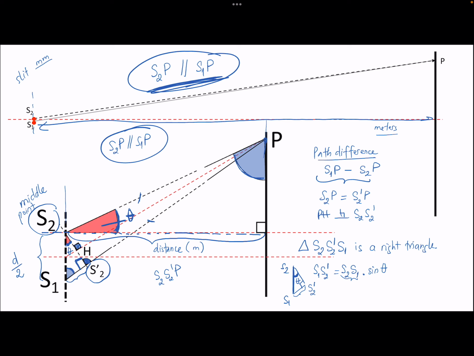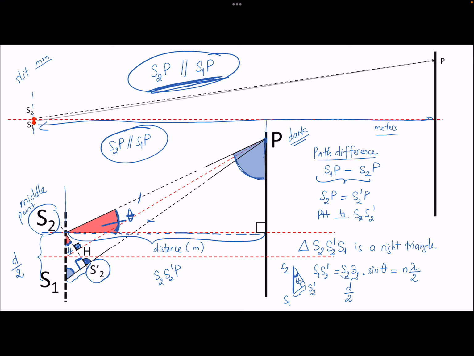Now, the hypotenuse here turned out to be d. And if this is a dark fringe, then the path difference should equal n lambda over 2, an integer number of half wavelengths. So now we see the expression.